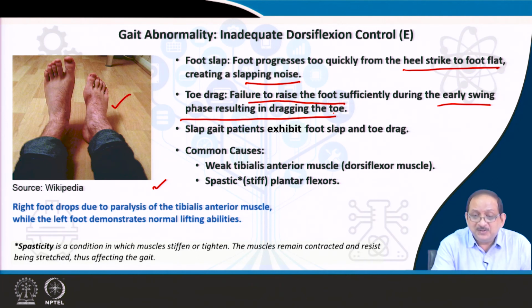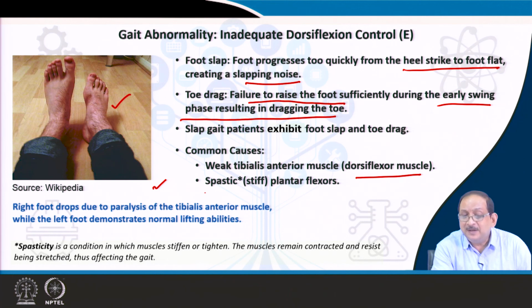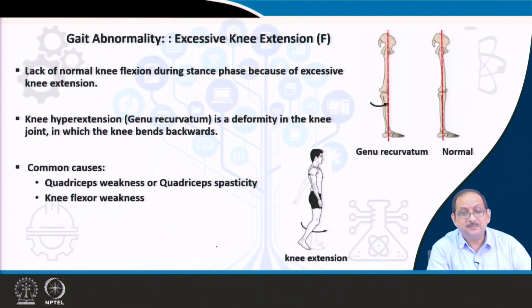Now, the common causes are weak tibialis anterior muscle, the dorsiflexor muscle, and spastic stiff plantar flexor muscles. Spasticity is a condition in which the muscles stiffen or tighten, remain contracted and resist being stretched, thus affecting the gait.